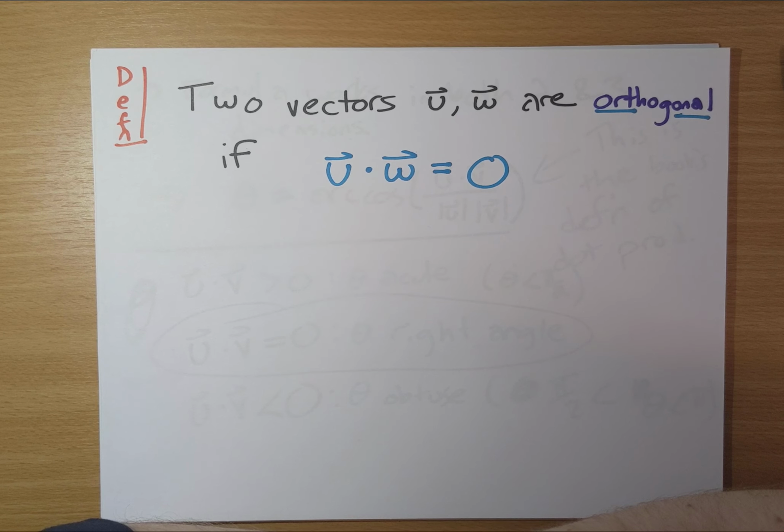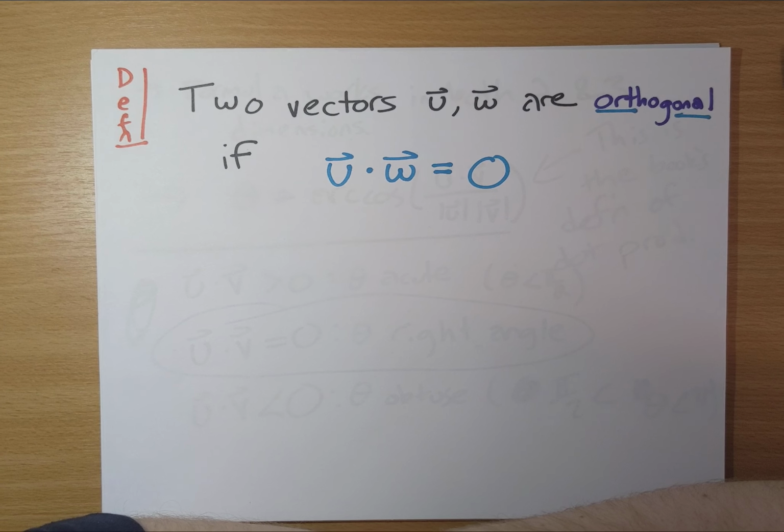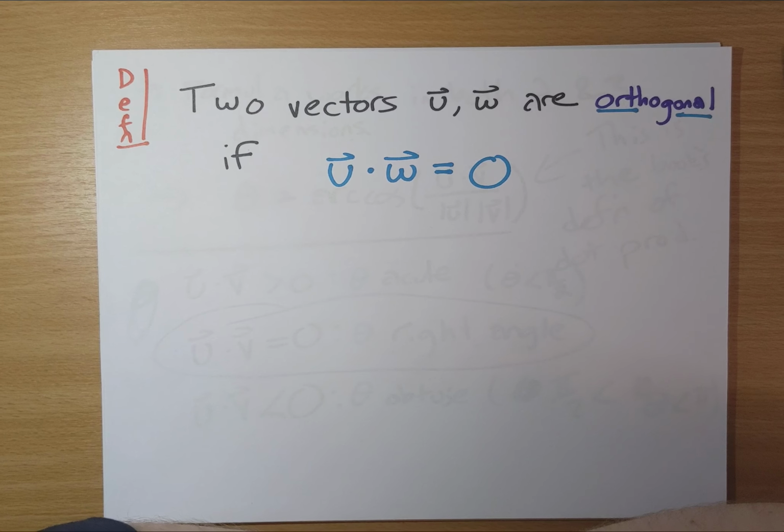We're used to saying things from high school trig or geometry that the angle between them is a right angle, and so orthogonal is kind of bumping things up. Now we're talking about vectors, so we'll talk about orthogonal vectors if the dot product is 0.